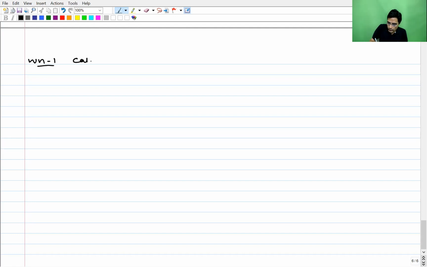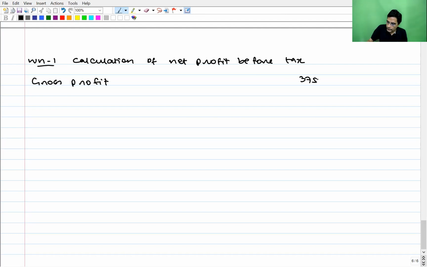So calculation of net profit before tax. Number 1, let's start with gross profit, 3,75,000. Gross profit is already after deducting wages, so kindly do not deduct wages again.